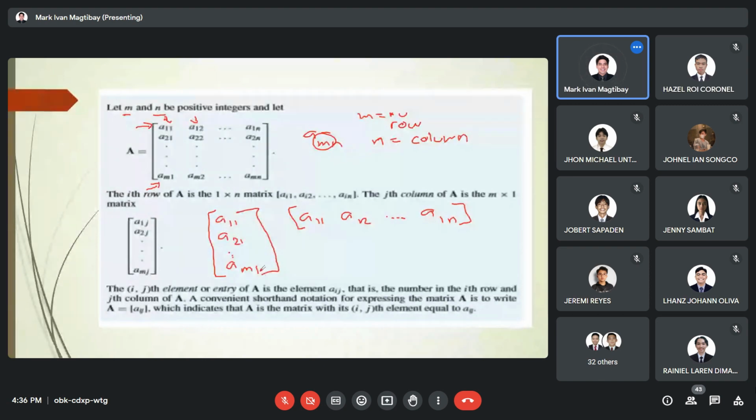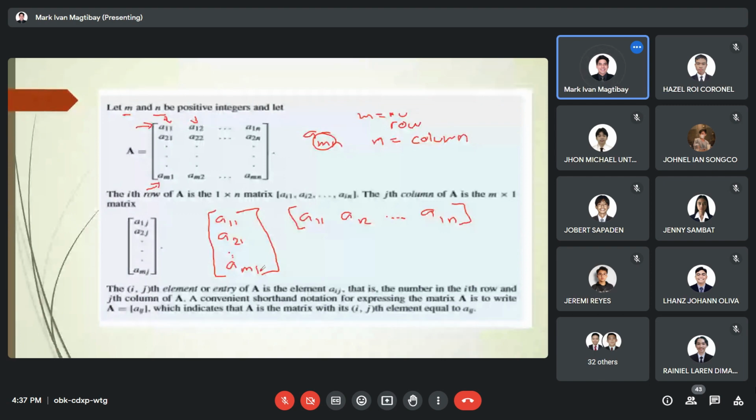Okay? So, ganun lang po natin ma-identify which are the address of each element po na meron tayo sa mga matrix po natin. Okay? Tatanda lang po natin M, N. M row, N column. Row ay yung horizontal, column ay yung vertical po natin.